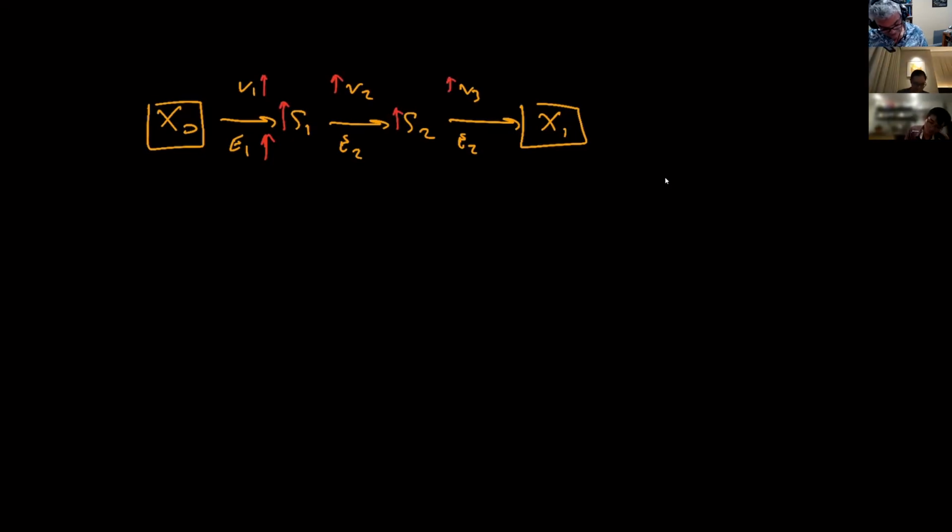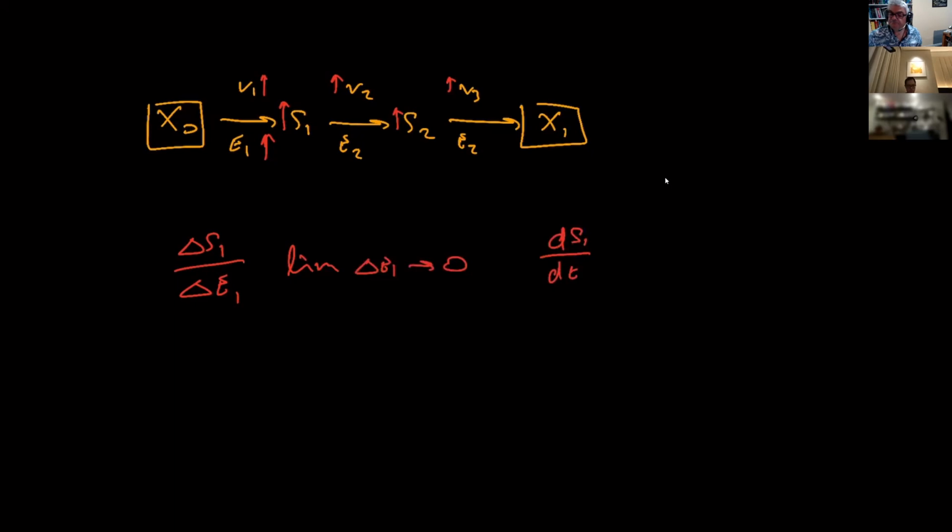So if I make a delta change in E1, I can measure the steady state effect it had, say, on S1. And in the limit, as delta E1 tends to 0, this turns into a derivative. And this then is the unscaled control coefficient.